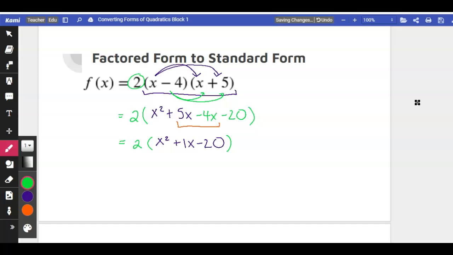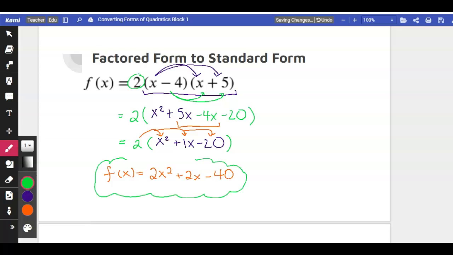So you don't forget to take the 2 into consideration. So now we take the 2 and we distribute. And again, we know we're in standard form when I don't see any parentheses. Again, all I'm doing is doubling all my terms. And I am in that standard form, x squared all the way down to the constant. Happy bubble cloud of math joy.